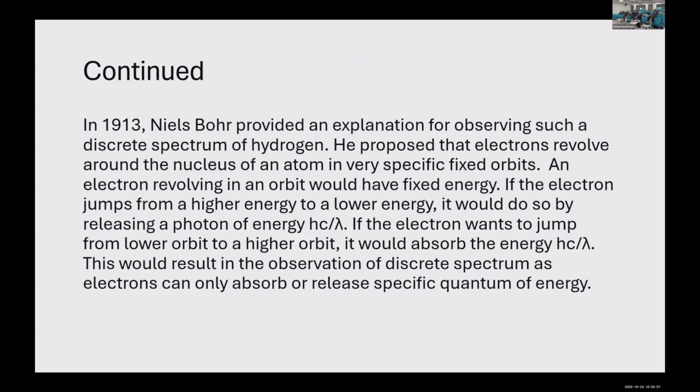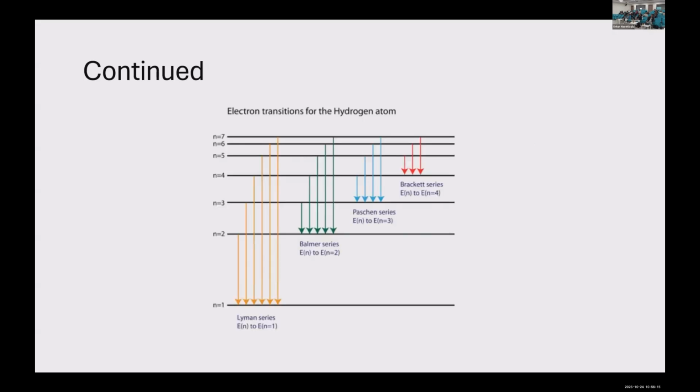If the electron wants to jump from a lower orbit to a higher orbit, it would absorb the energy hc/λ. This would result in the observation of a discrete spectrum, as electrons can only absorb or release specific quanta of energy. So here are the electron transitions for the hydrogen atom.